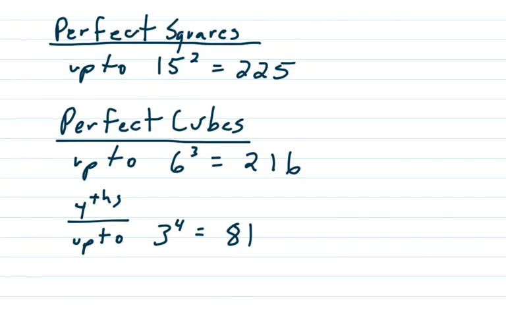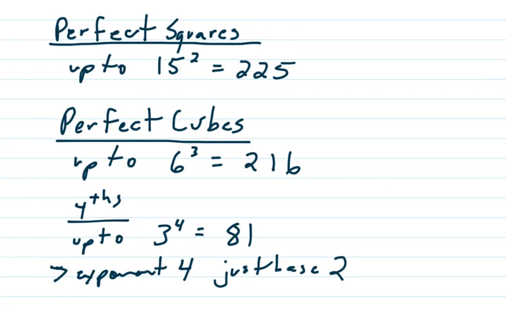So that's pretty straightforward. And then after that, for an exponent greater than 4, just base 2. And I really, really believe you should know your base 2s all the way up to 2 to the 10.